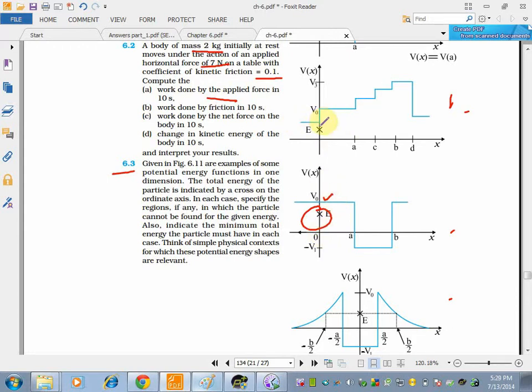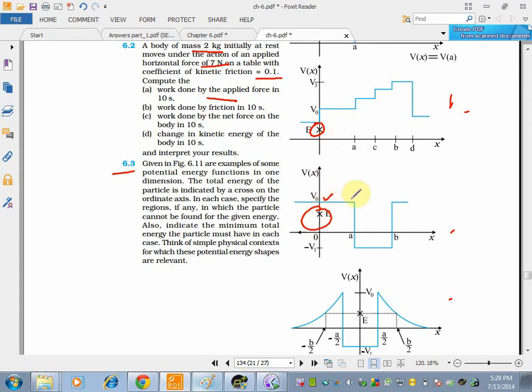So in this case also, V0 is, throughout the graph, more than E. Here also V is more than E, so this graph is not possible.